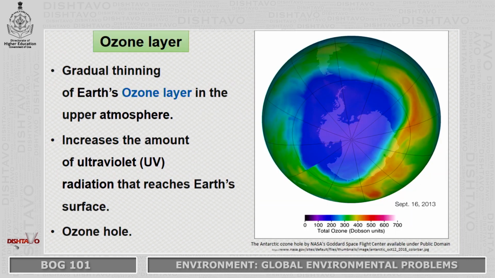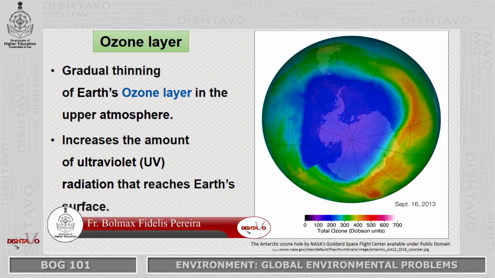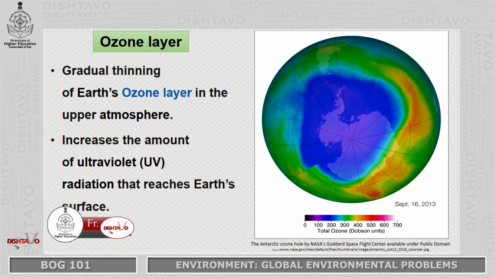So ozone layer, my dear friends, as we understand, is a protective blanket that protects us from the ultraviolet rays of the sun that come to us on this earth. And these rays or radiations that come from the sun pass through the layers of the atmosphere. Ozone layer is one layer, a small one.